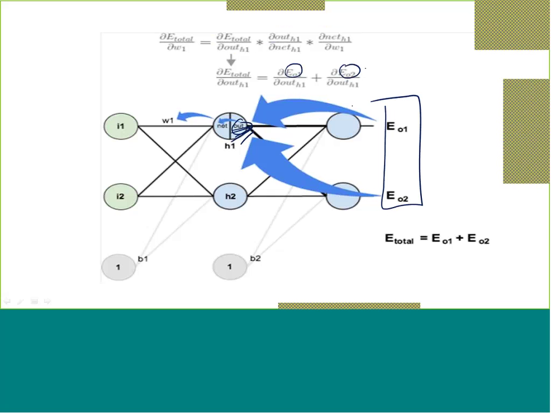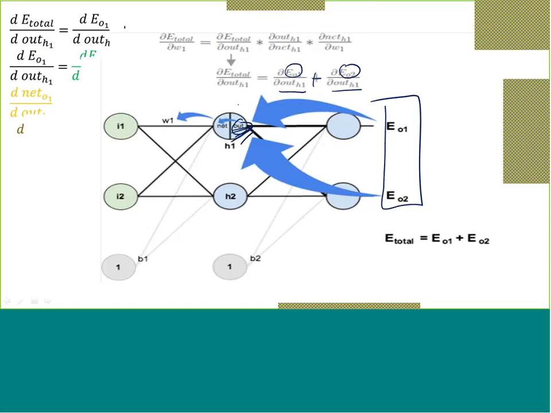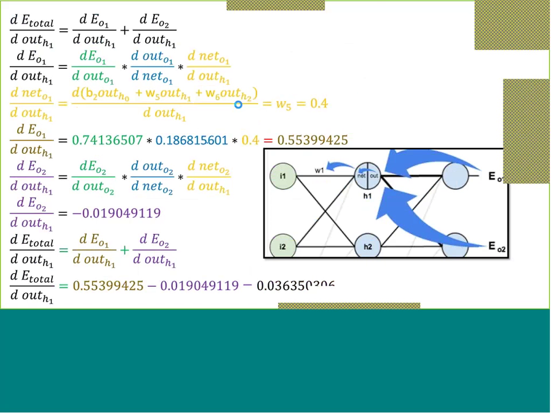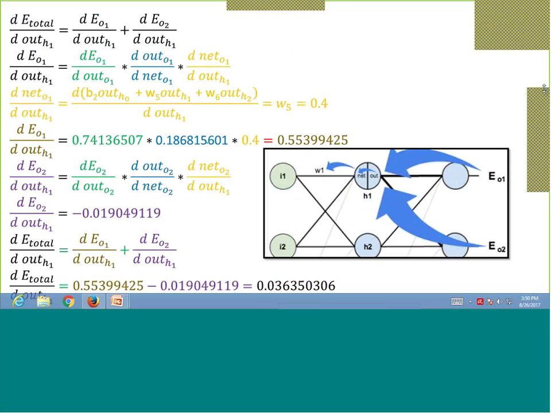So you are differentiating these two individual terms by OH1 separately, and then adding them, then you find the total gradient of it.